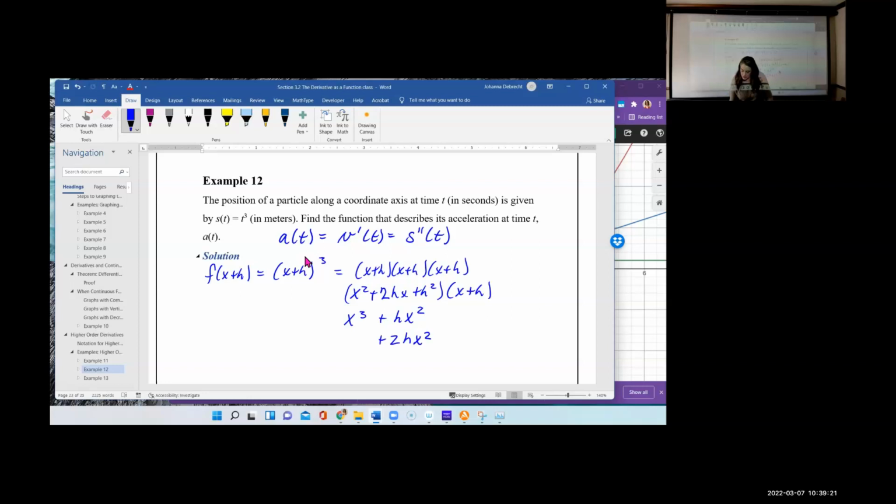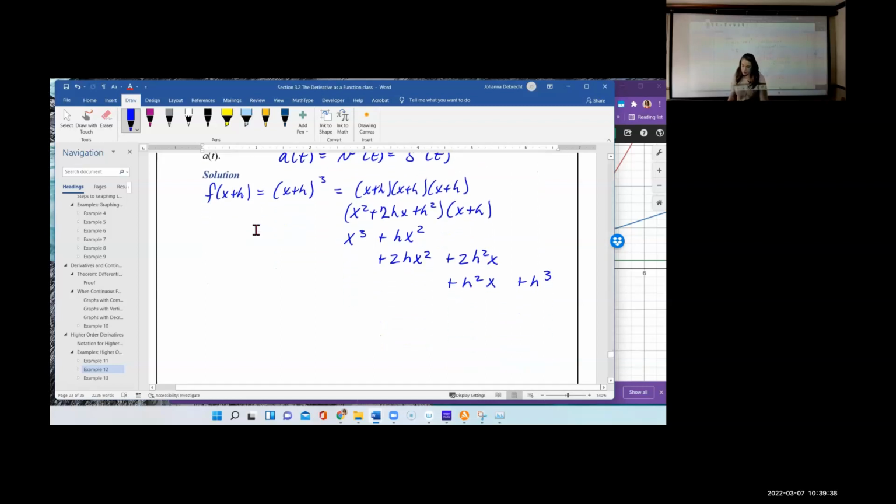You guys check my algebra. Plus 2h squared x plus h squared x plus h cubed. I think I got it. It should be 1, 3, 3, 1 from the binomial theorem.